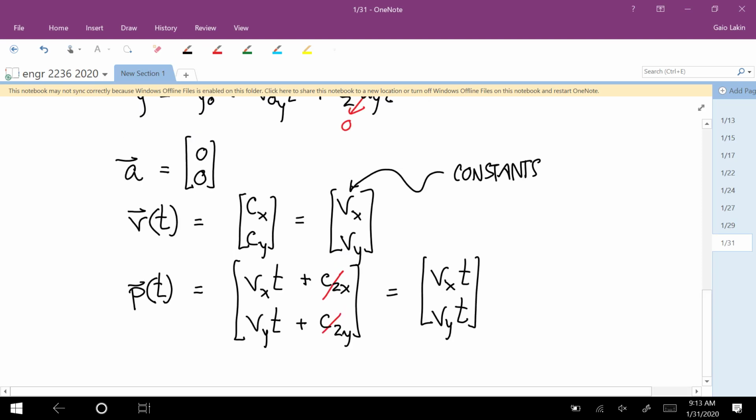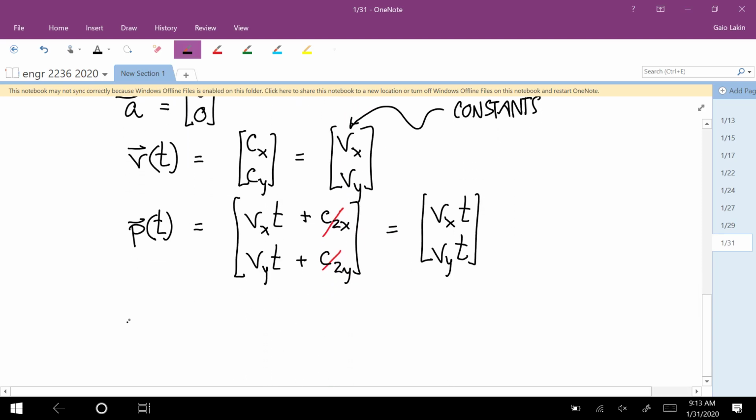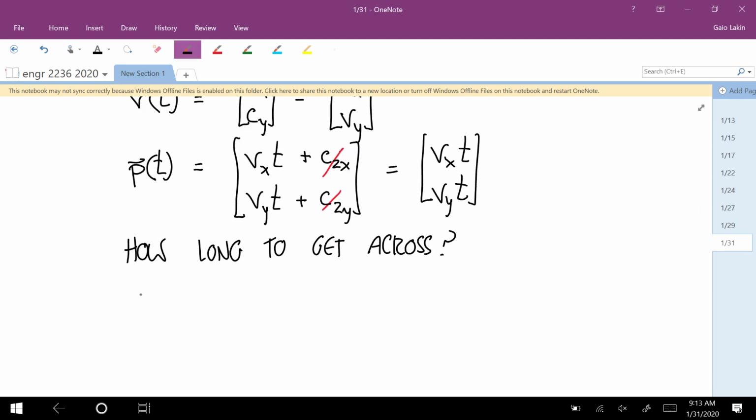So the y position at time t, if we're trying to figure out how long it takes to get across. Well, the final position is 0.15. This is the y component of this equation.